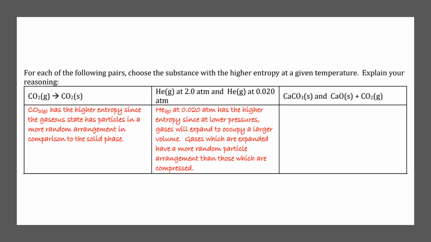With a greater volume, there is going to be more space, more expansion for the particles, random particle arrangement, and therefore there is more chance for disorder, entropy, chaos, however you want to look at it, in comparison to a situation where it is more compressed.